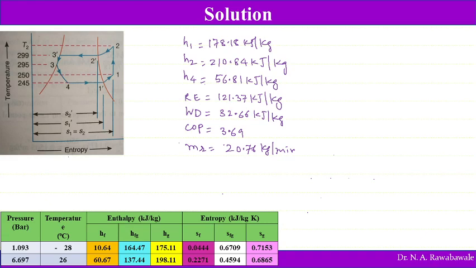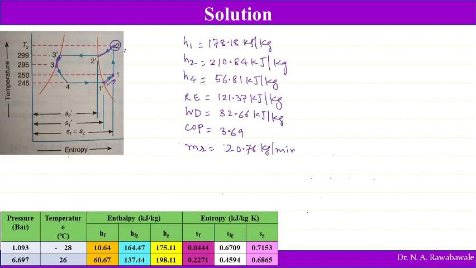So this is how we obtained the solution for the second problem, in which we have seen that there is superheating before entering the compressor, then superheated vapor at the end of compression, and again subcooling. So three things are combined in this problem. The only thing is to find T2.